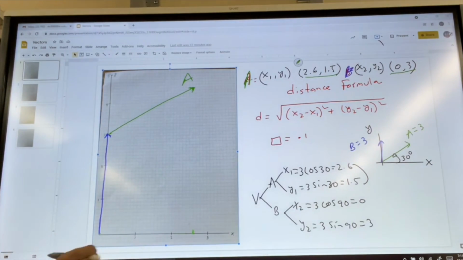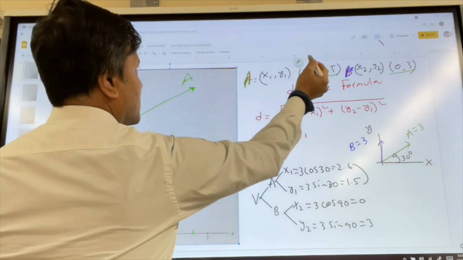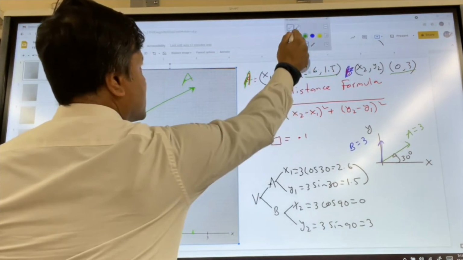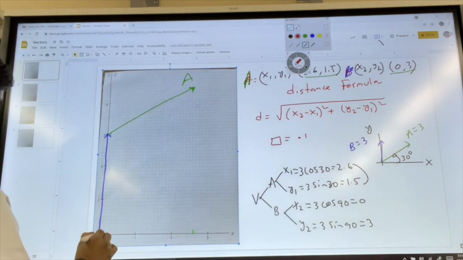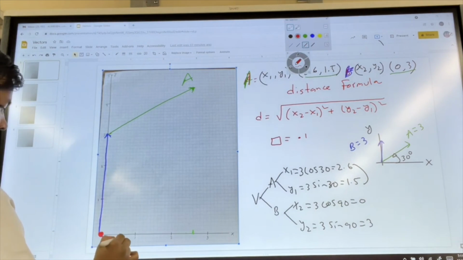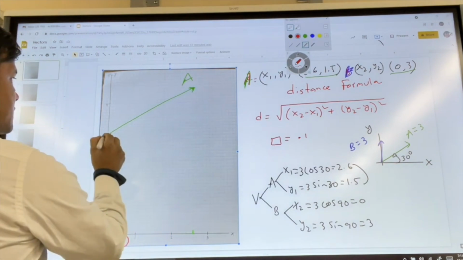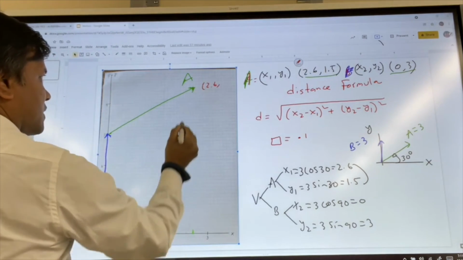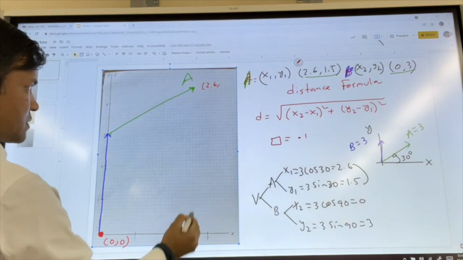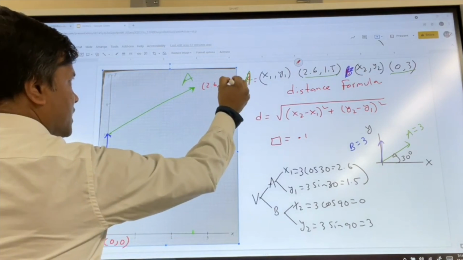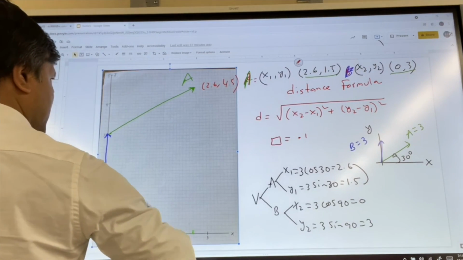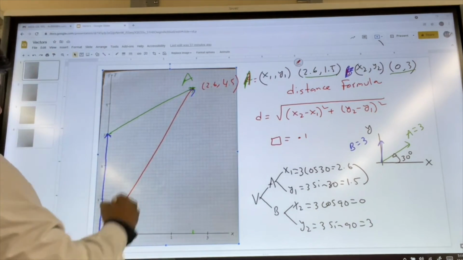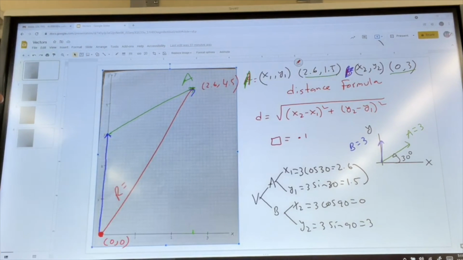All right, now the distance formula allows me to draw the resultant. So the resultant is from the origin, which is 0 comma 0, and if you count, this is 2.6, and from here to here, 4.5. So I'm going to join them. So this is R. I have to find R. I have 2 points. This is x1, y1.